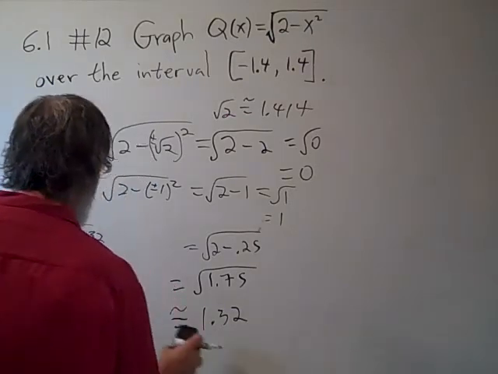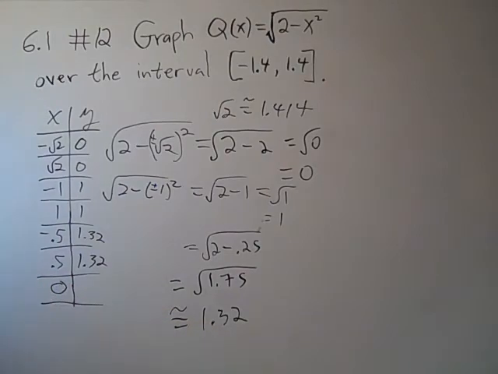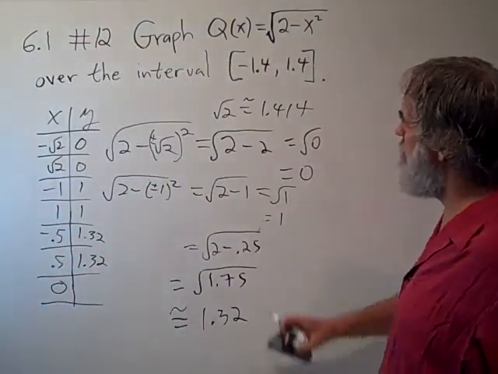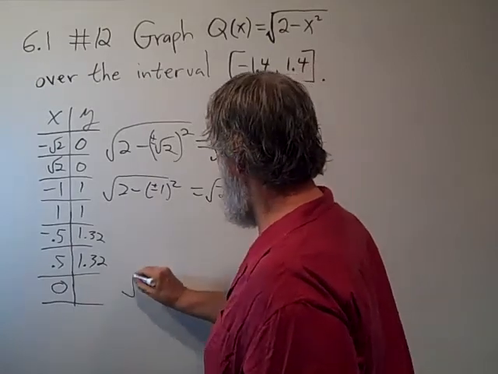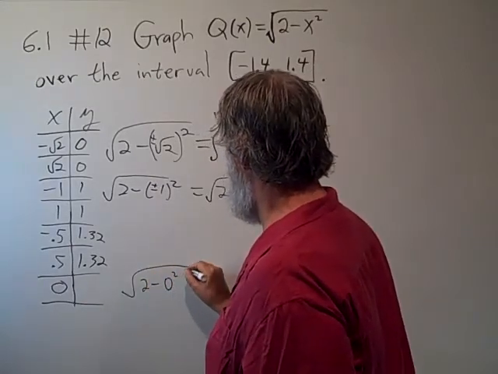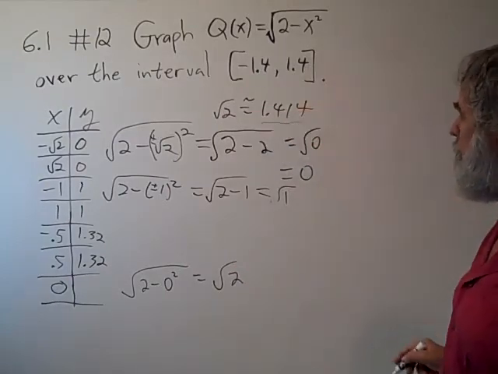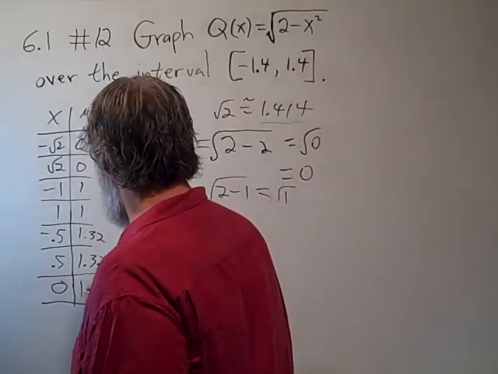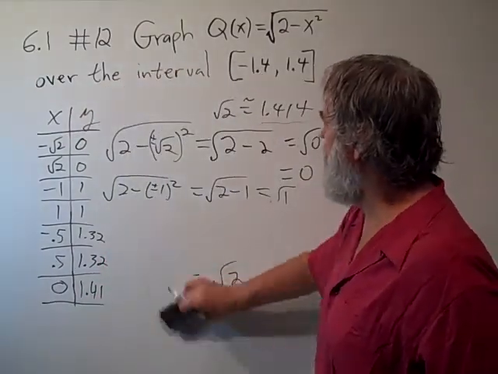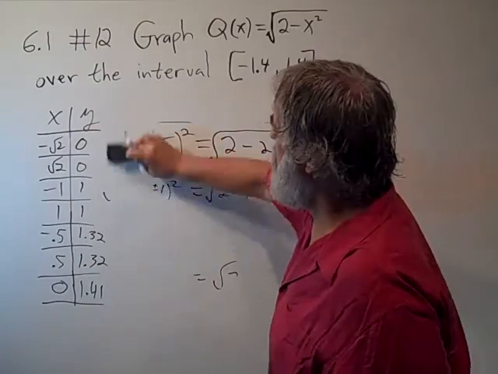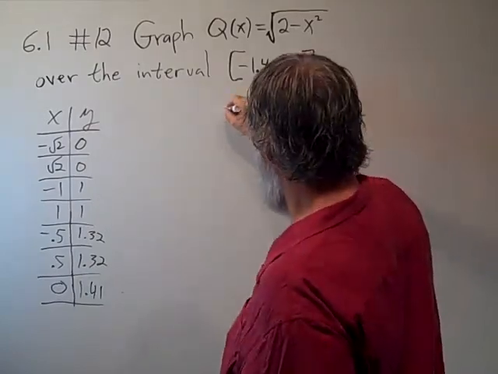If x is 0, then y is the square root of 2. And we saw that that's about 1.41 approximately. So now we have enough values to certainly graph this function over the desired interval.